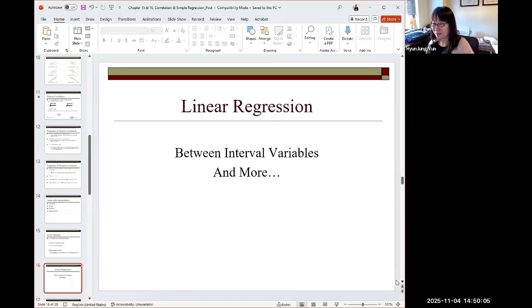You can think about the linear regression model as a sort of extension, and I do not want to say better, but it can be a more sophisticated approach than the correlation test. And also, a regression model can tell you more than the correlation test. The correlation test itself just says how much, how strongly, and in what way they are related.